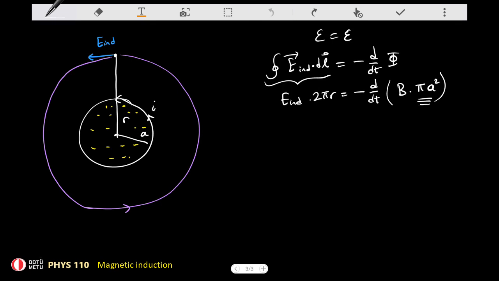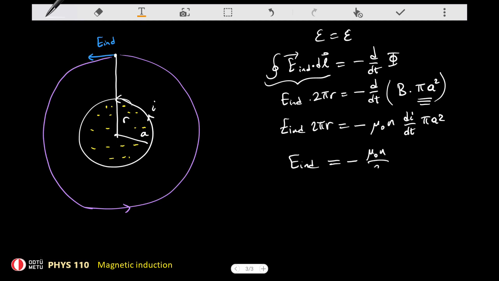So that's the only difference. As a result, we can do the calculation again. So that's mu0 n di over dt pi times a squared. So the induced electric field is therefore equal to minus mu0 n divided by 2 di over dt a squared divided by r.